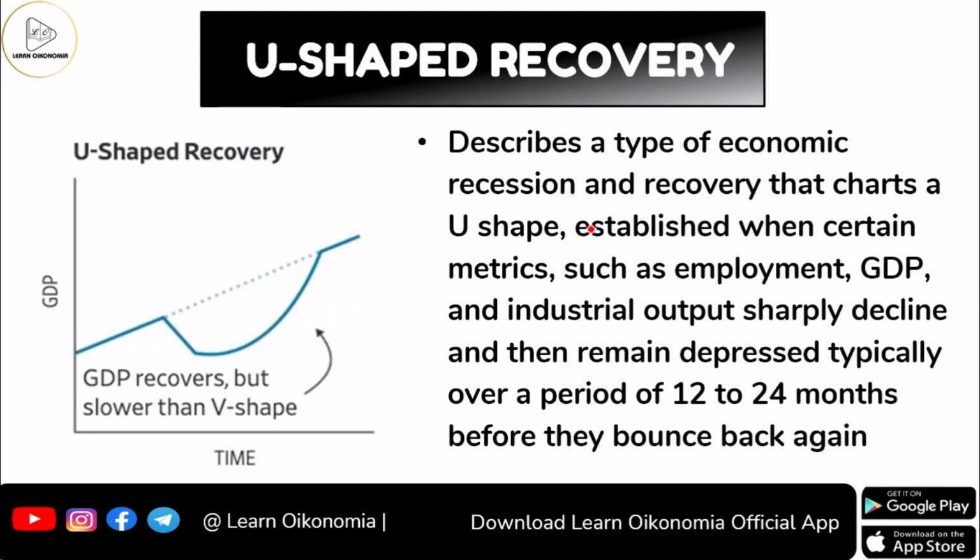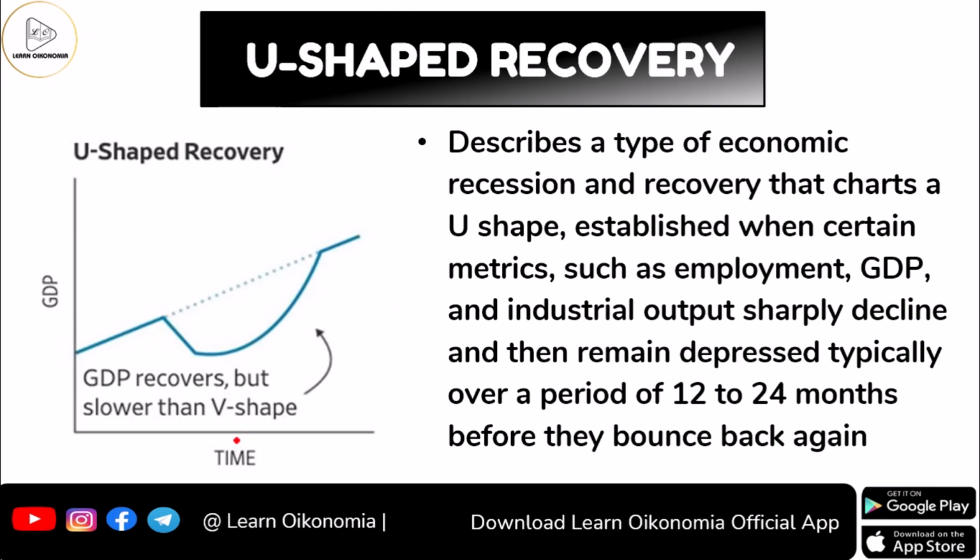Now, having discussed so, let's consider something called U-shaped recovery. As I've told you, this is something that would show a kind of economic crisis and the recovery from the very same, which will take the form of U, and whether it is a deep U or a normal U would depend upon how fast the economy could recover.